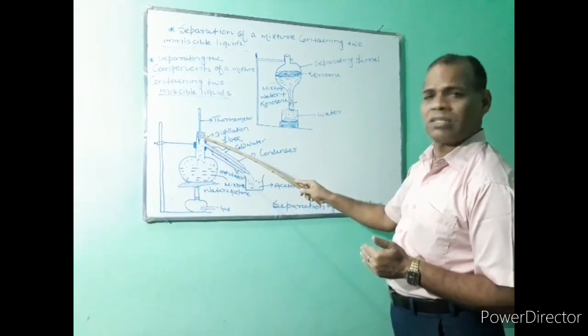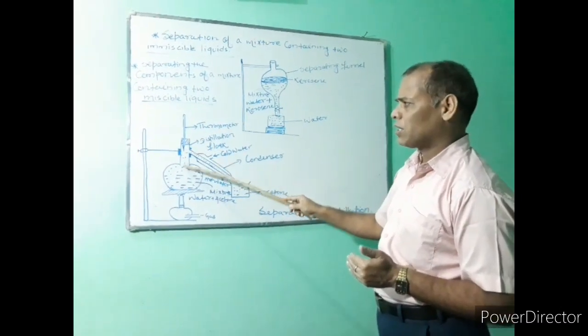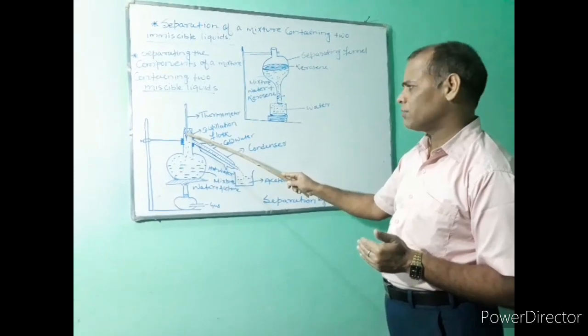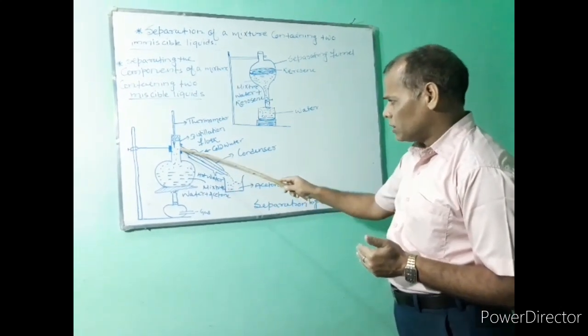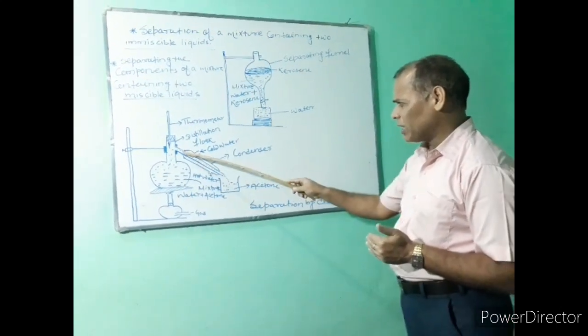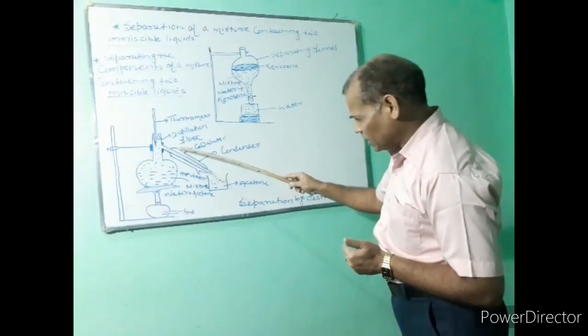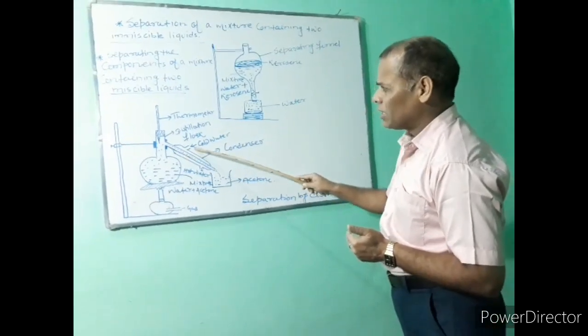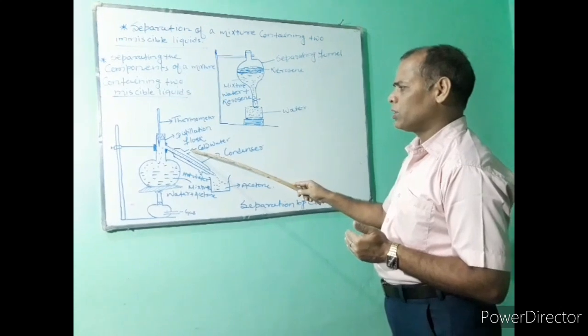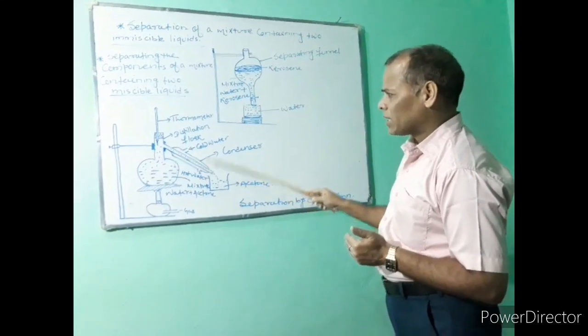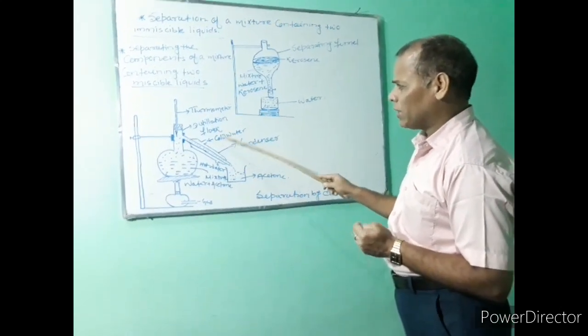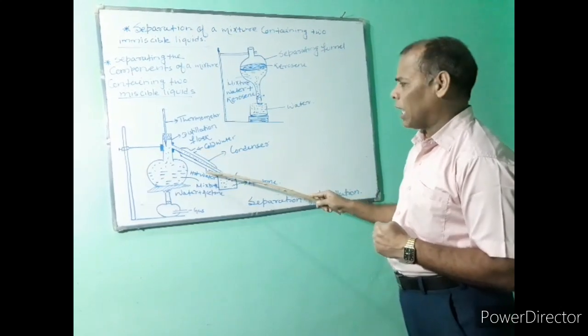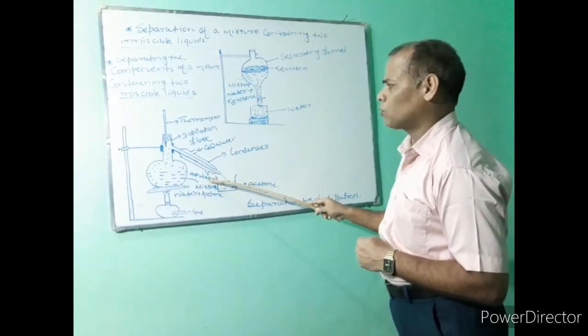You close the mouth of the distillation flask. There is a condenser with a jacket where cold water is poured; there is an inlet and an outlet. The inlet is for cold water and the outlet is for hot water.